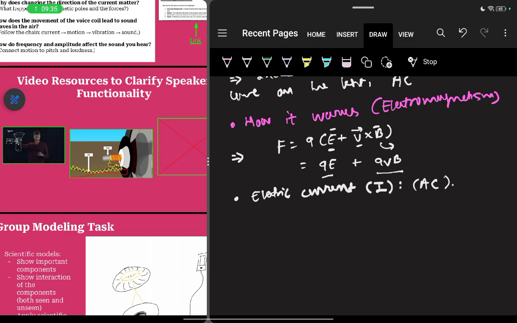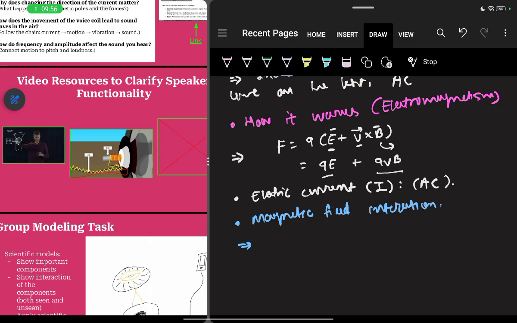Now magnetic field interaction. Let's discuss magnetic field interaction. So as the current flows through the coil, it creates a temporary magnetic field. Okay, this field interacts with the permanent magnet's fixed magnetic field.